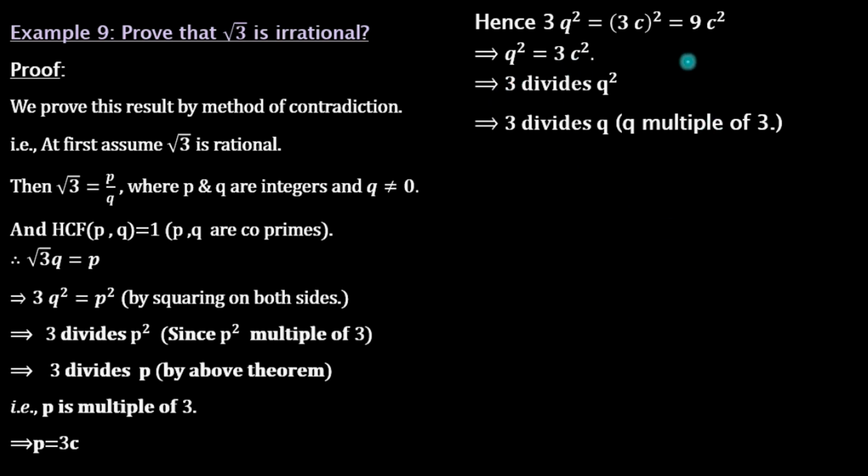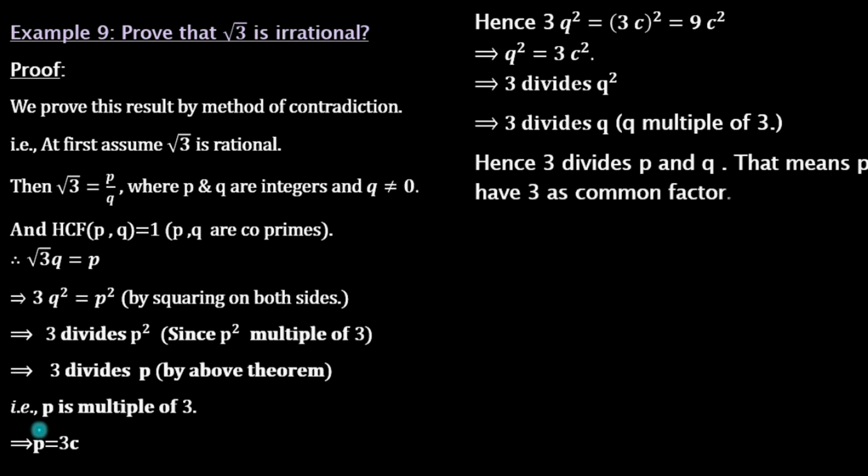If 3 divides q and 3 divides p, then what can we conclude? p and q have a common factor, that is 3. If p and q have a common factor which is 3, then our assumption is wrong. Why?